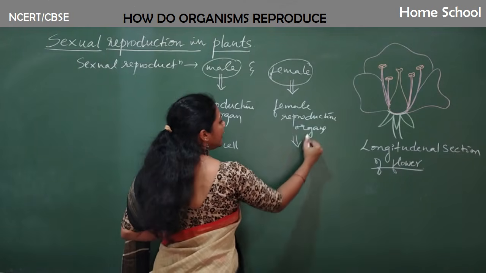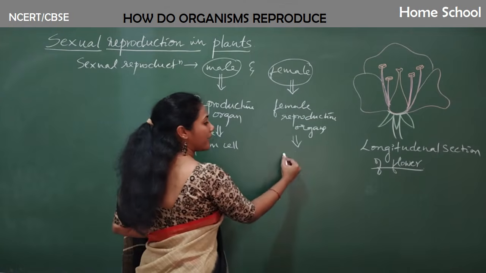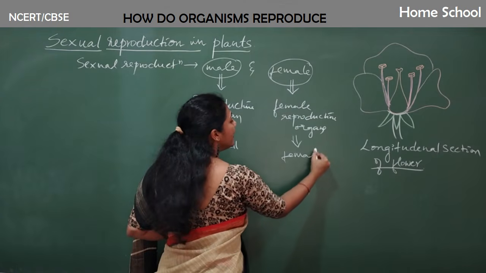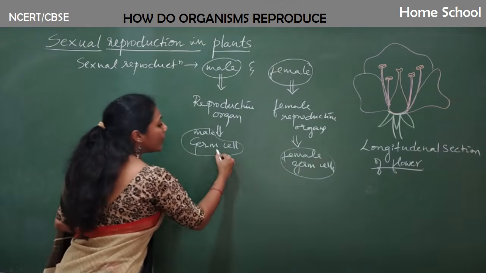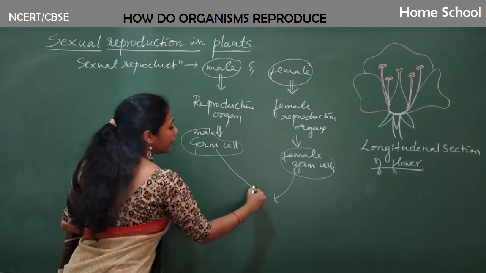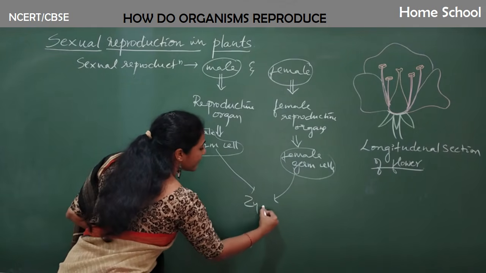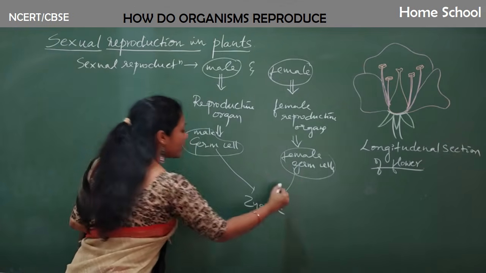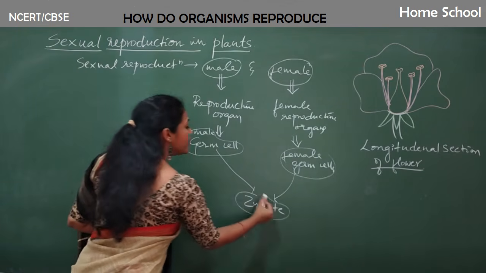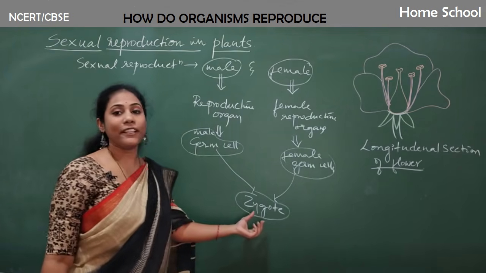Similarly in the female you will find the production of female germ cells. So when they combine, you get a new life getting started, that is zygote. Initially, you will have a new cell formed called zygote.